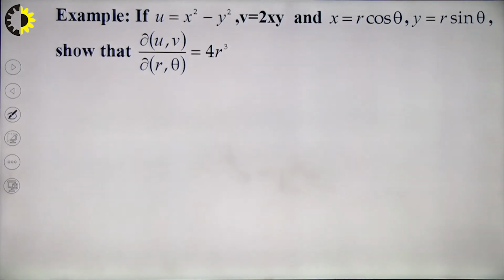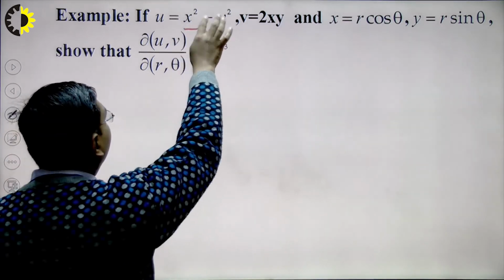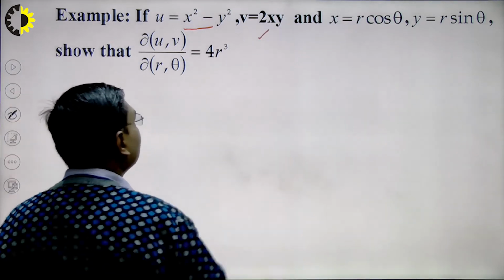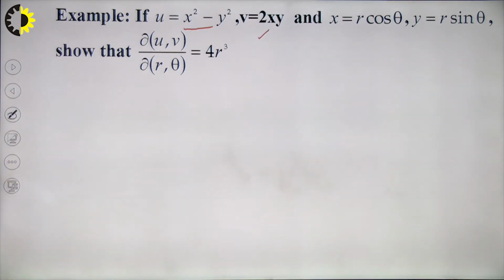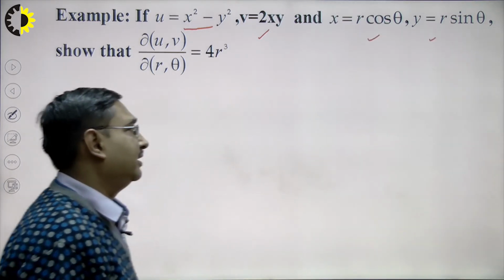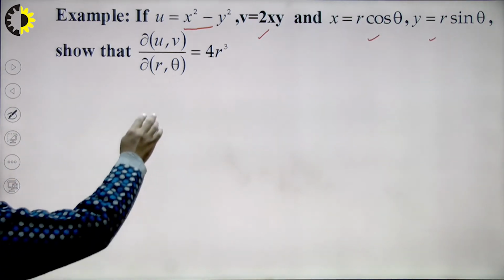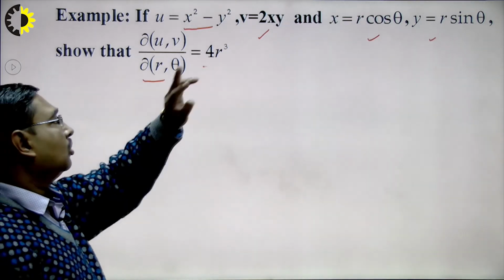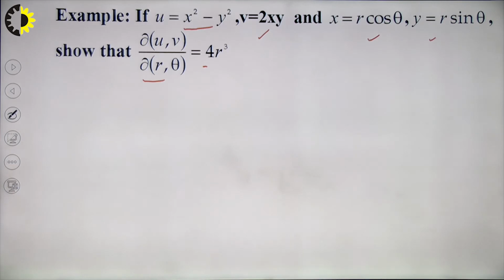Now we take example. Example says, if u equals x square minus y square, v equals twice xy, x is r cos theta, y is r sin theta, then show that del uv over del r theta is equals to 4 r cube.